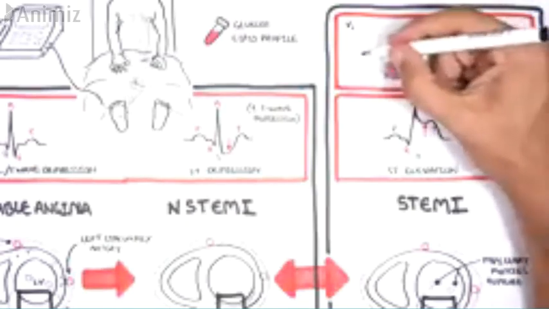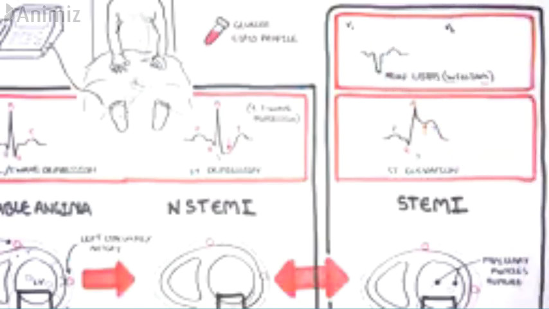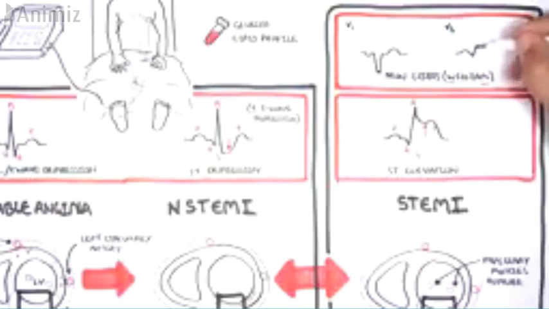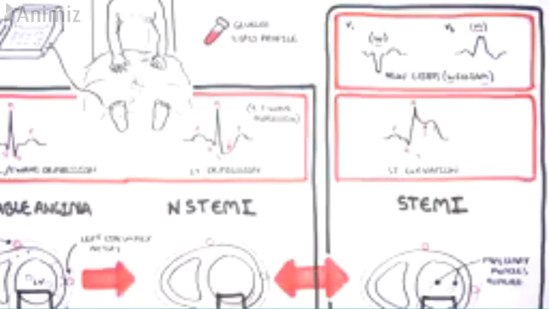In leads V1, you see a widened QRS with a W shape or pointing down. And V6, you see a widened QRS in an M shape or the QRS pointing up. A new left bundle branch block may suggest infarction of the septum of the heart, where the left bundle branch goes through. Remember, the septum is also supplied partially by the left anterior descending artery.